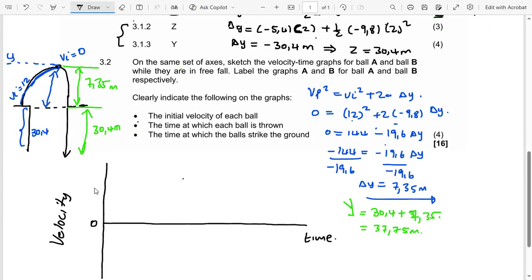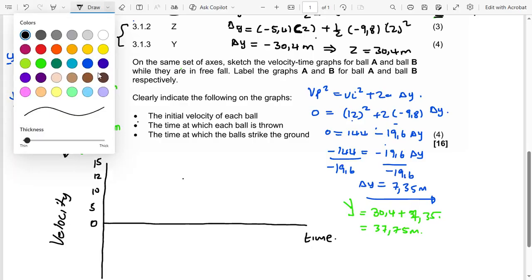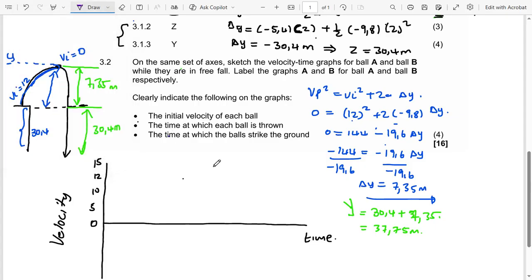Ball A starts with the velocity of 12. So if I say this is 5, 10, 15, we know that 12 will be somewhere there. So for ball A, it will start at 12, right? And then it moves up. What happens when it moves up?